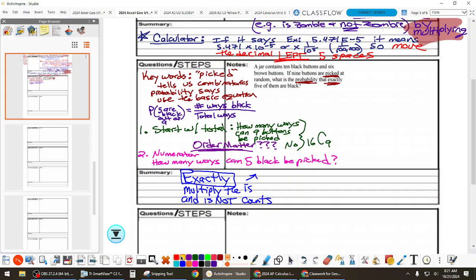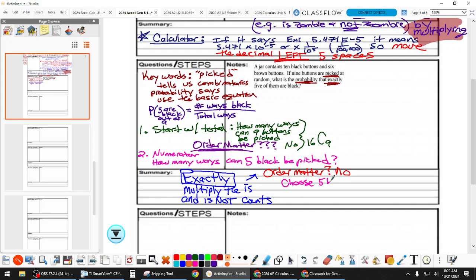What's our question before we even start this? So how many ways can 5 black be picked? What's our first question? Does order matter? No. Okay. So we can choose 5 black.